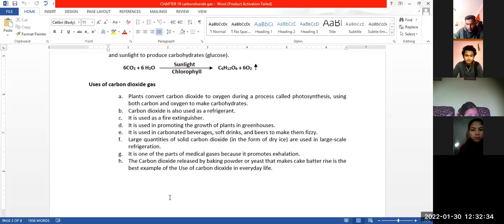Next, carbon dioxide is used as a refrigerant for cooling purposes, as it forms dry ice in the solid form. So it is used as a freezing agent.